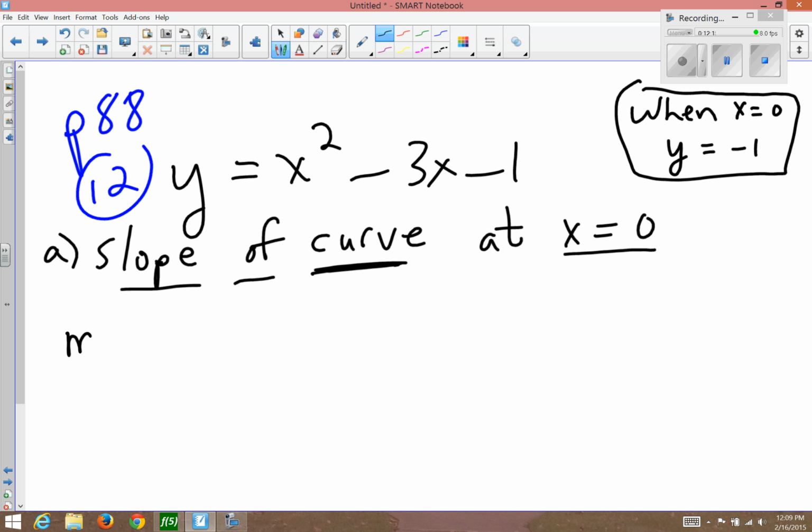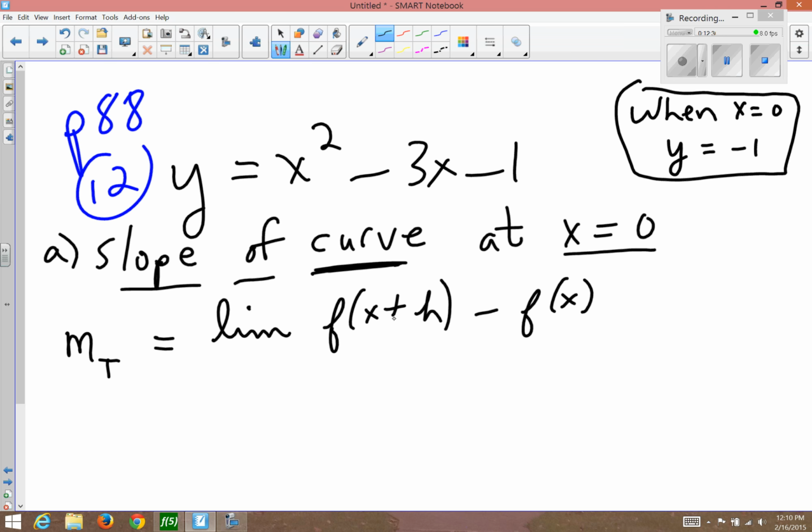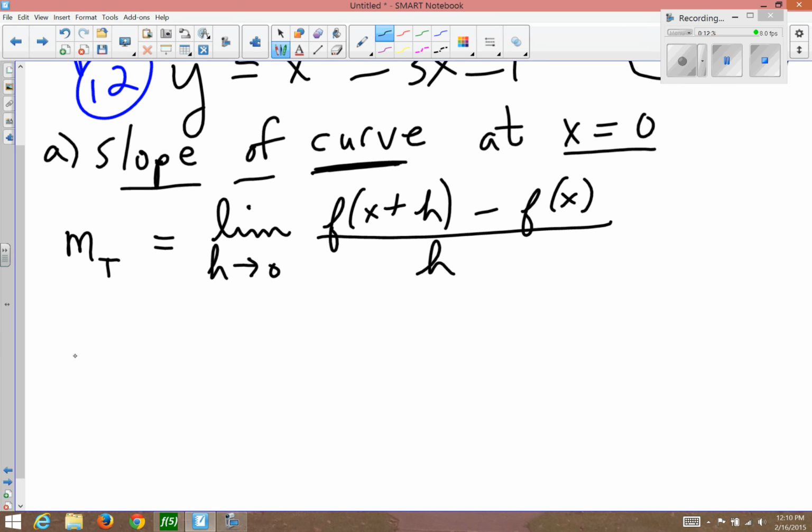So the slope of the curve, also known as the slope of the tangent line, is the definition. It's the limit of f of x plus h minus f of x all over h, as h is approaching 0. Looking for the slope of the tangent line at x equals 0 means write this definition. Everywhere we see x, we're going to put 0.